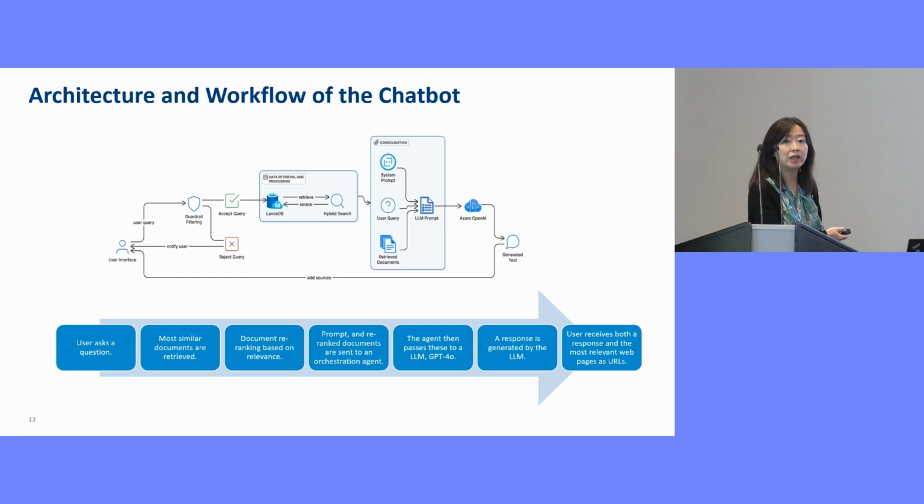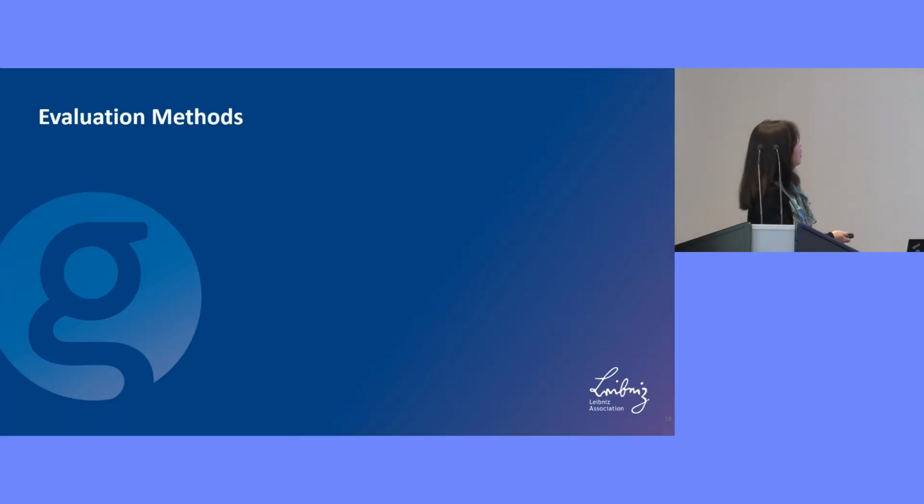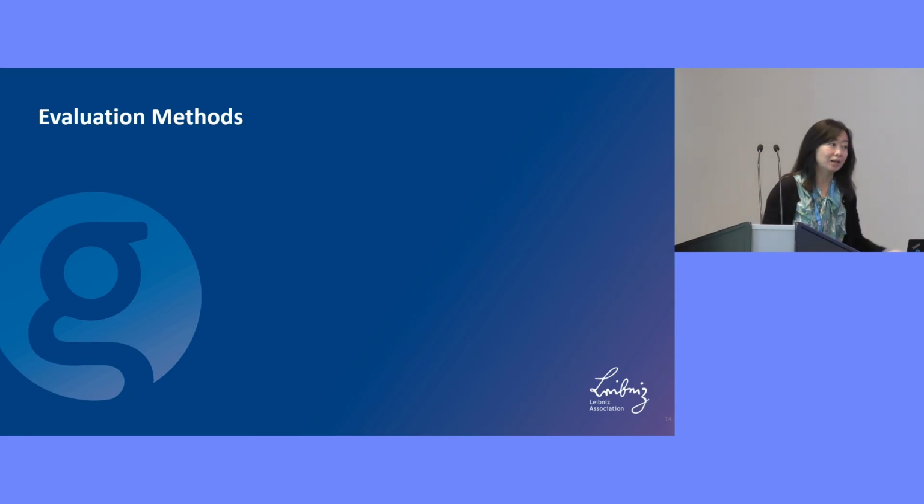In our case, we use GPT-4o as the back-end engine. So GPT-4o, with the information from here, gets answers and puts them back to the user on the interface I just showed you.